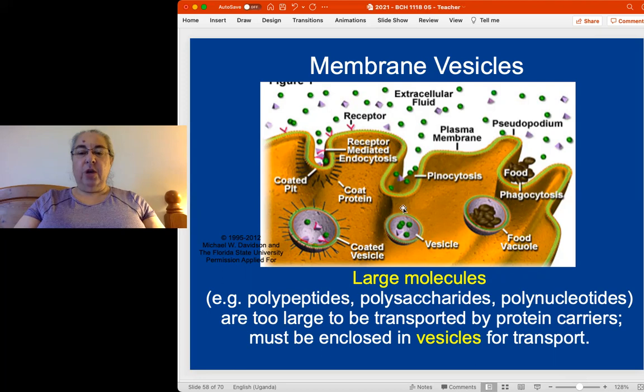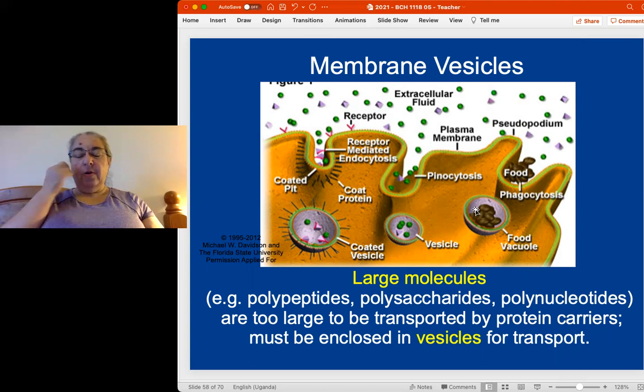These are too large to be transported by the protein carriers, and they're too large to diffuse through the cell membrane itself. So these are transported across the membrane by using vesicles.